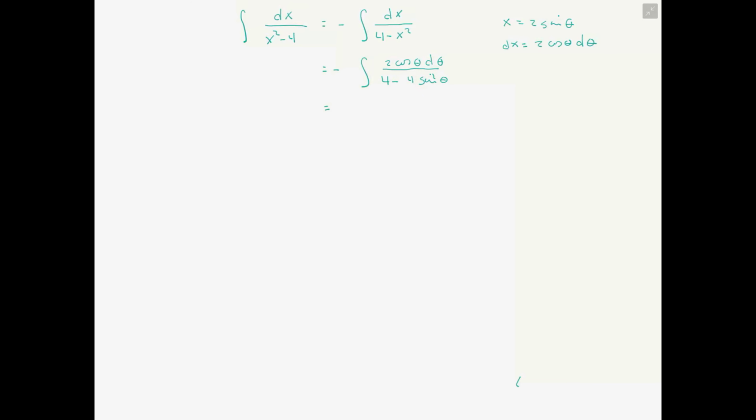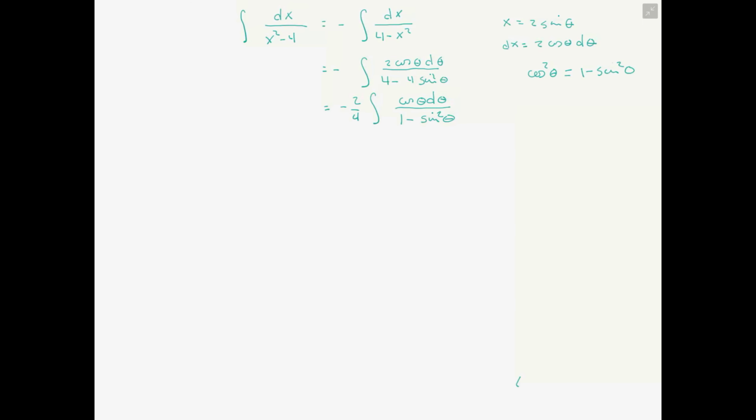Minus, we have 2 cos theta d theta on 4 minus 4 sine squared theta. We bring out the 4.